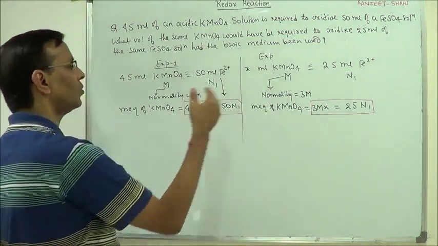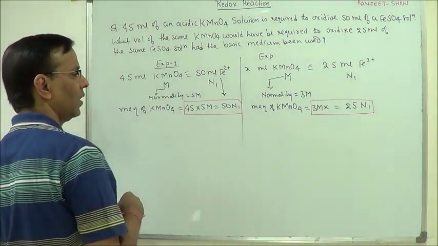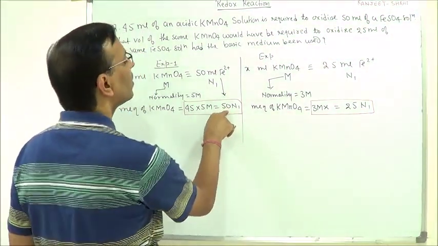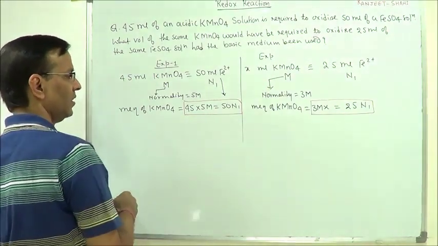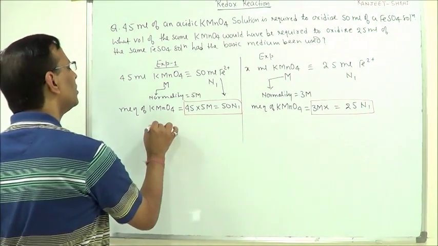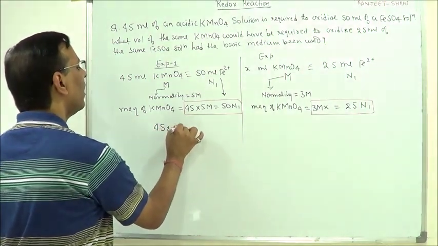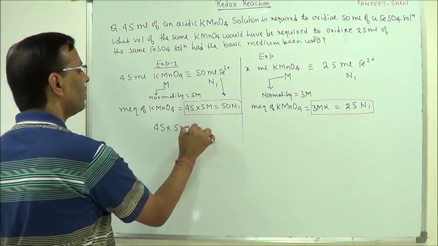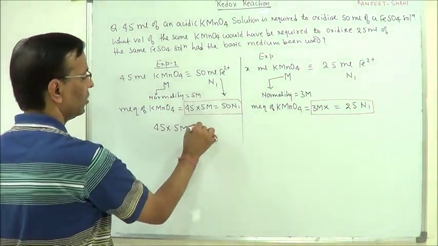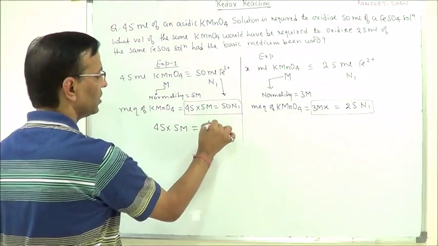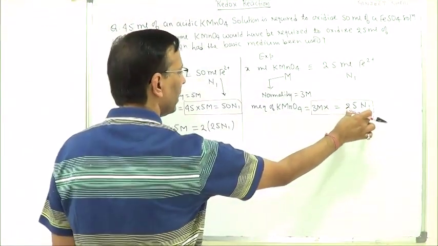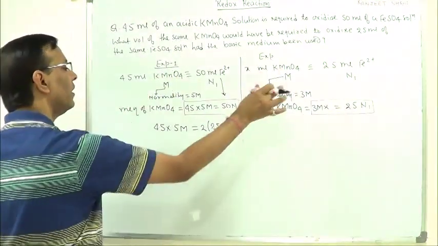If we relate these two, we can put here the value of N1 from that relation. So 45 into 5M is equal to 50 N1, which can be written as 2 into 25 N1. 2 into 25 N1, and substitute the value of 25 N1 is equal to 3Mx from there.